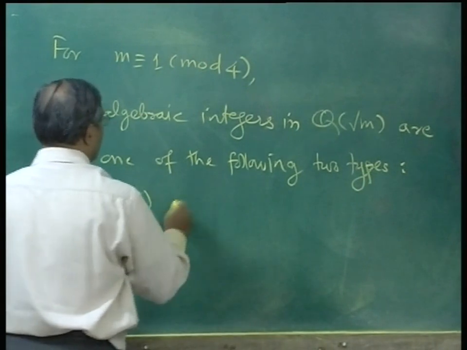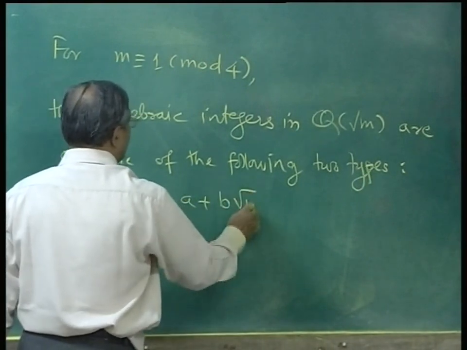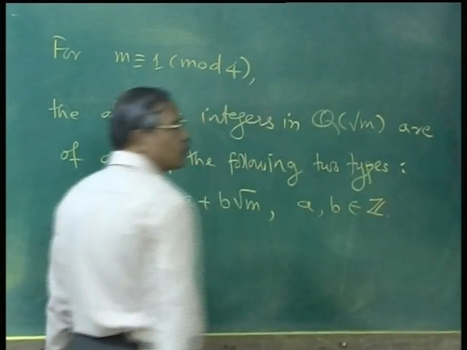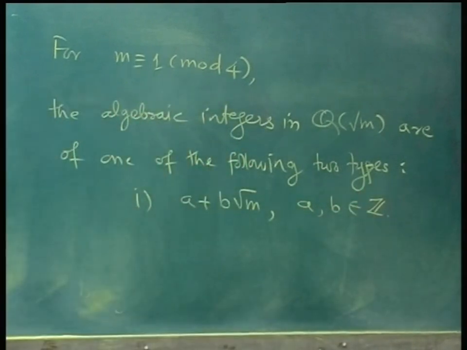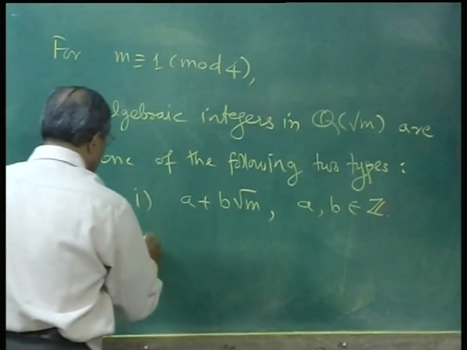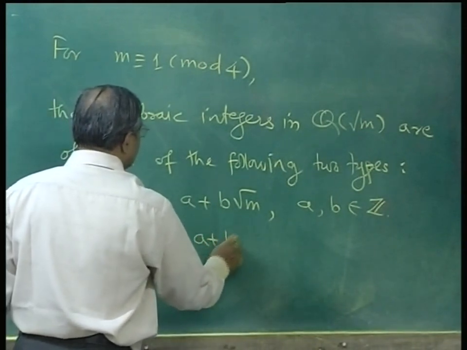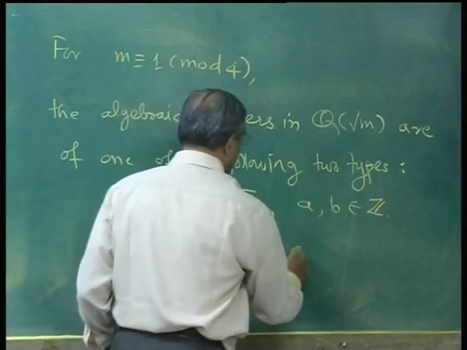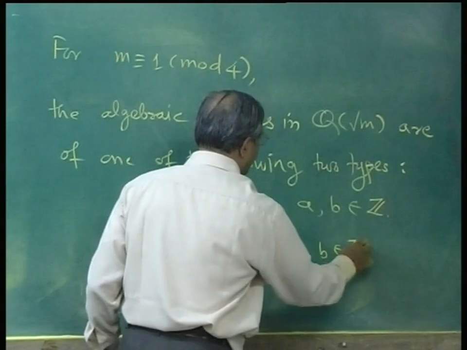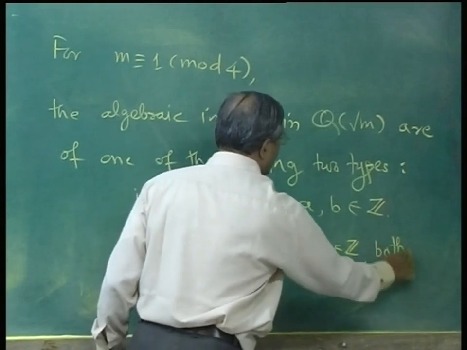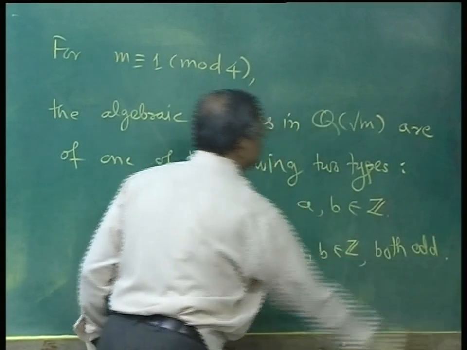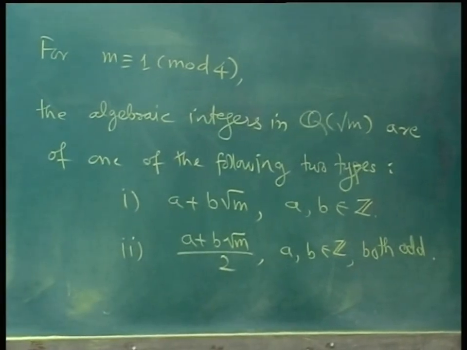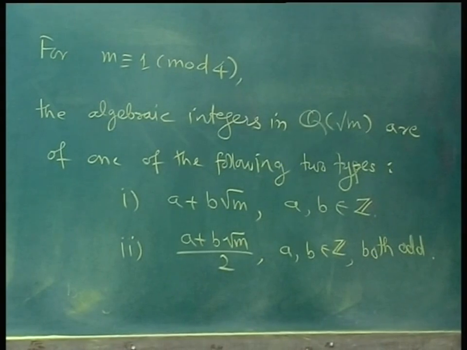One, a plus b root m, a, b in Z. This is one type. Second type is (a plus b root m) by 2, a, b in Z, both odd. Okay.